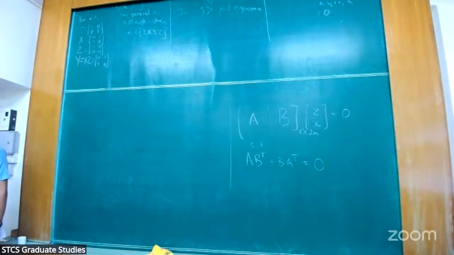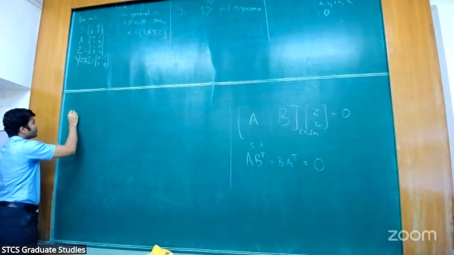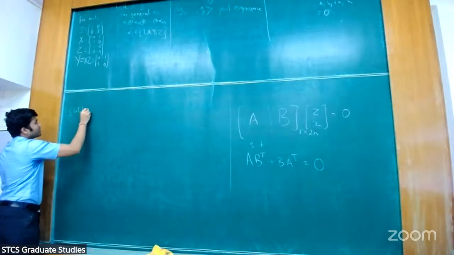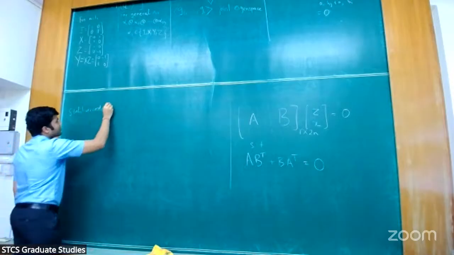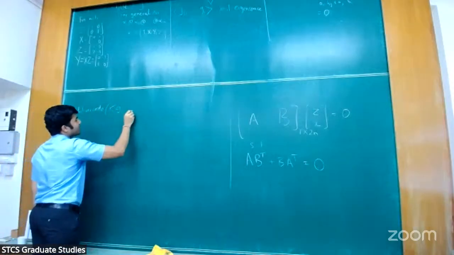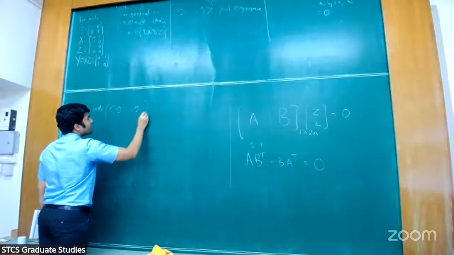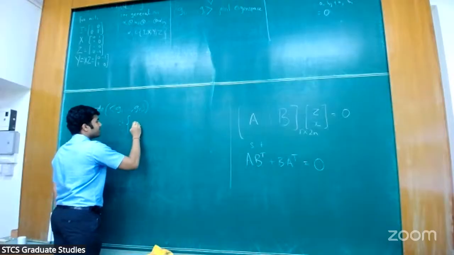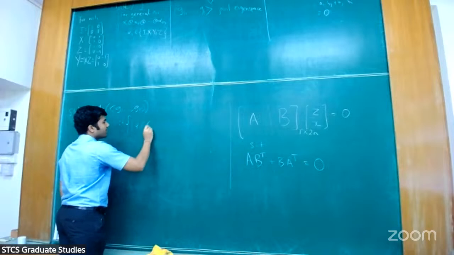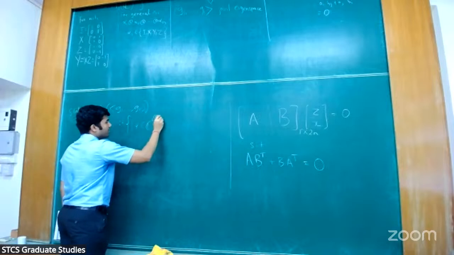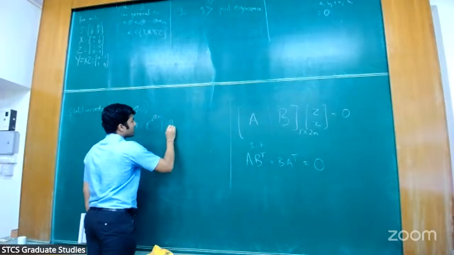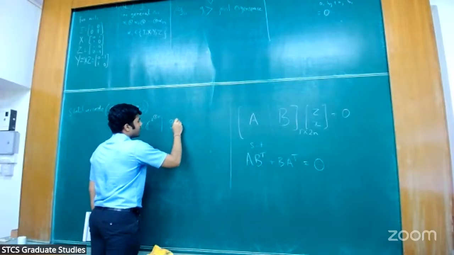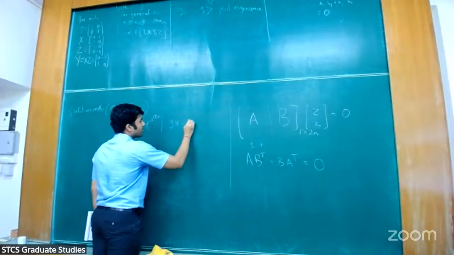So the stabilizer code corresponding to a set of generators is essentially the joint plus one eigenstate. So it's the set of all vectors psi in this n-fold tensor product such that it's the plus one eigenstate for all of them.